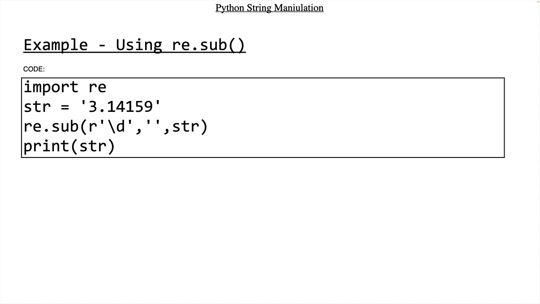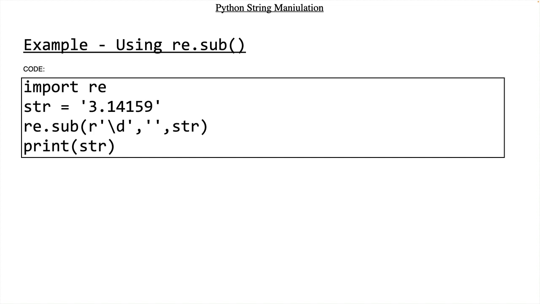Another example is, again, we import the re, we set string to the value of pi, and then we're going to say in the place of \d, which is a character class that you should know is for digits, replace it with nothing, and do that to str, and then print the result out.